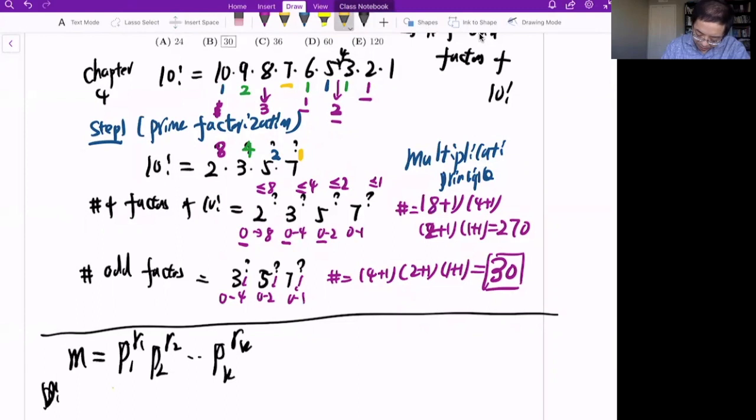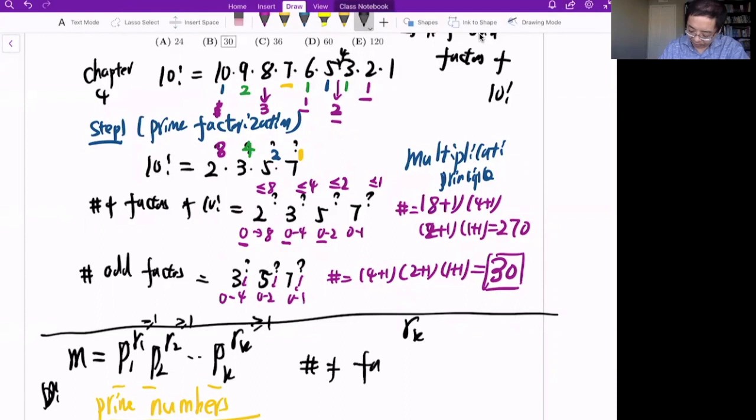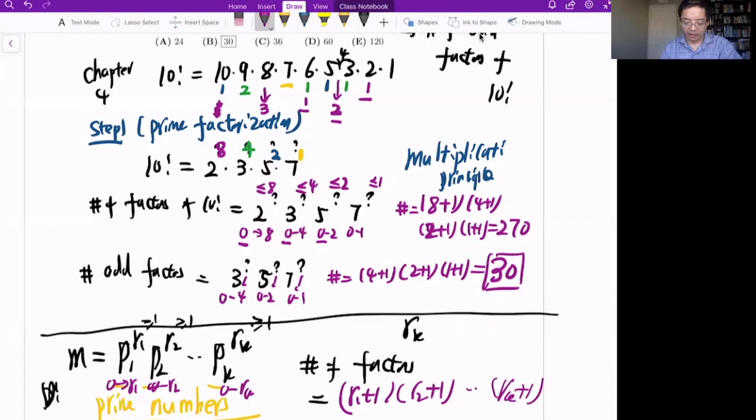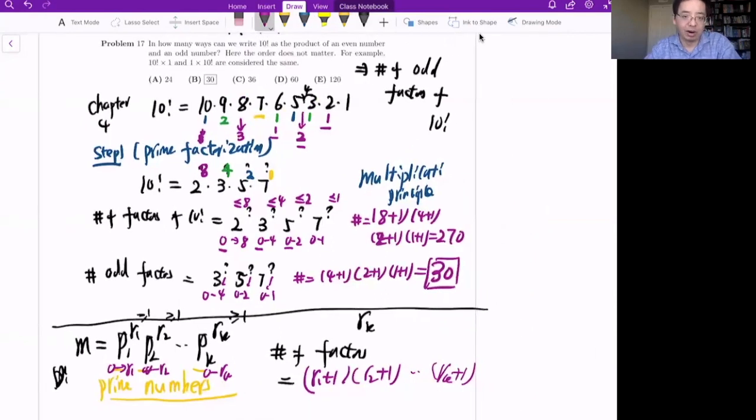Those are all prime numbers, so this is the so-called prime factorization, and each R is at least 1. The number of factors works by the same mechanism, because each exponent can go from 0 to R1, 0 to R2, up to 0 to RK. So that's R1 plus 1 times R2 plus 1 up to RK plus 1. This is how we calculate the number of factors.